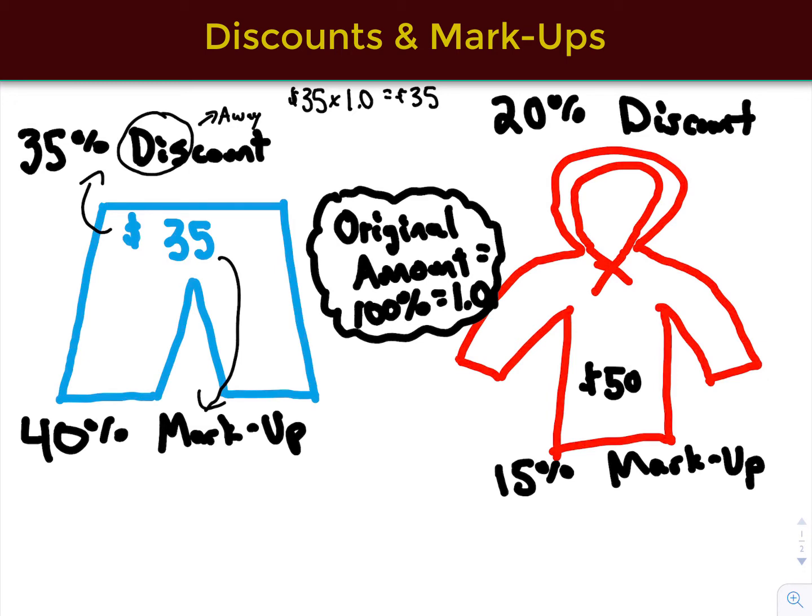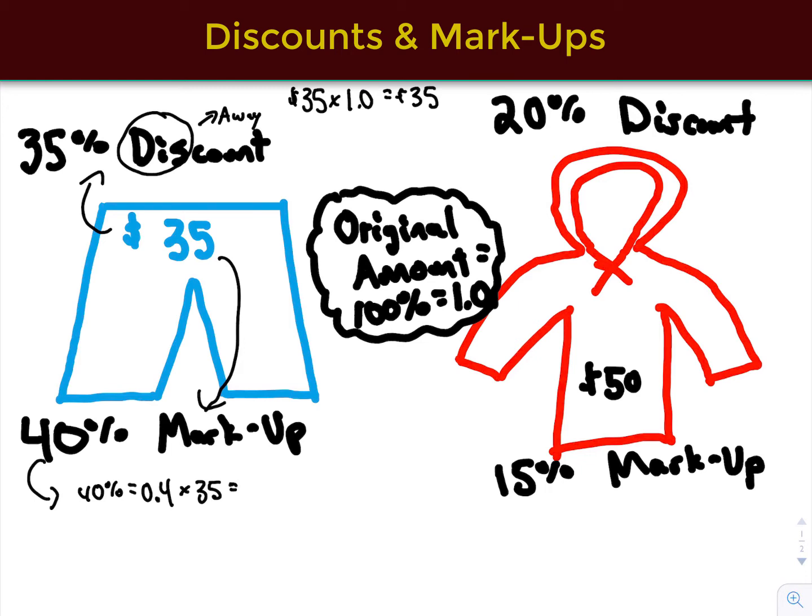Let's first talk about the markup. When we convert 40% to a decimal, 40% equals 0.4. So there are two ways to think about this. I'm going to show you the longer way to do it and then a shortcut. The longer way to do it is to take that 0.4 and multiply it by the 35.